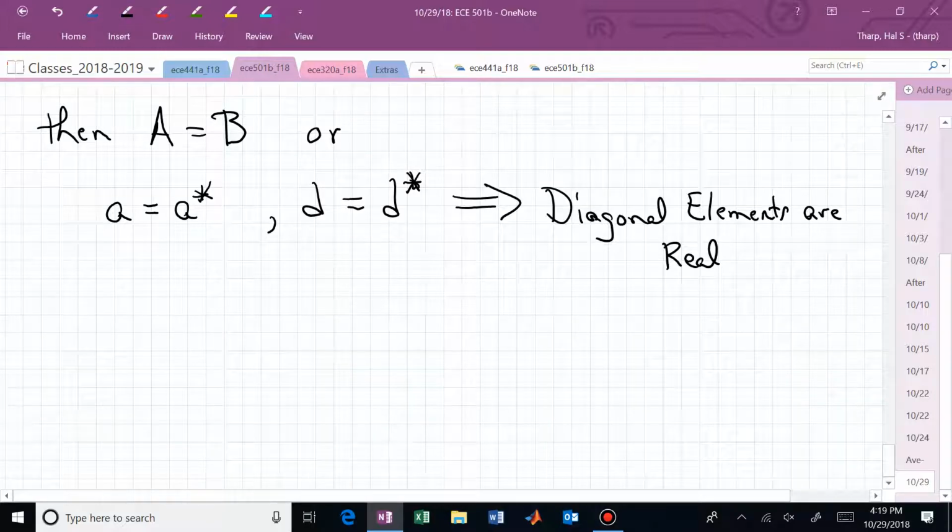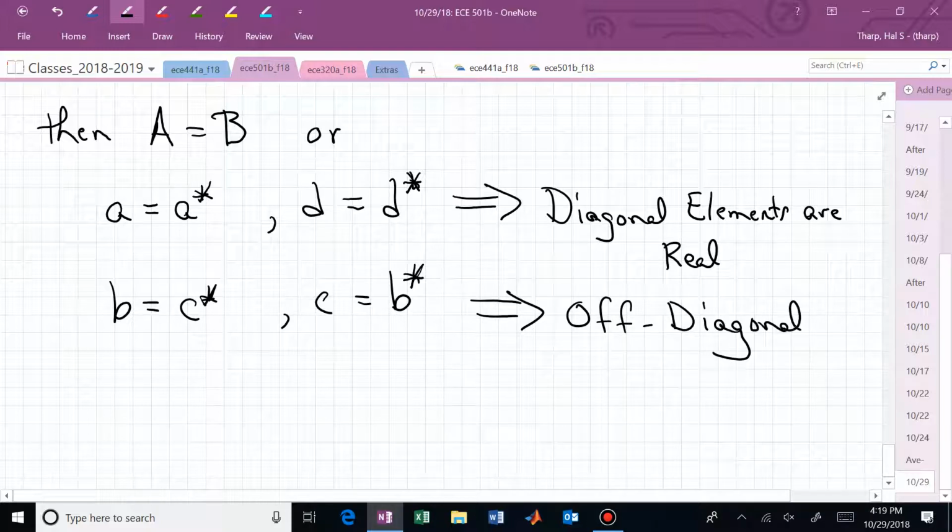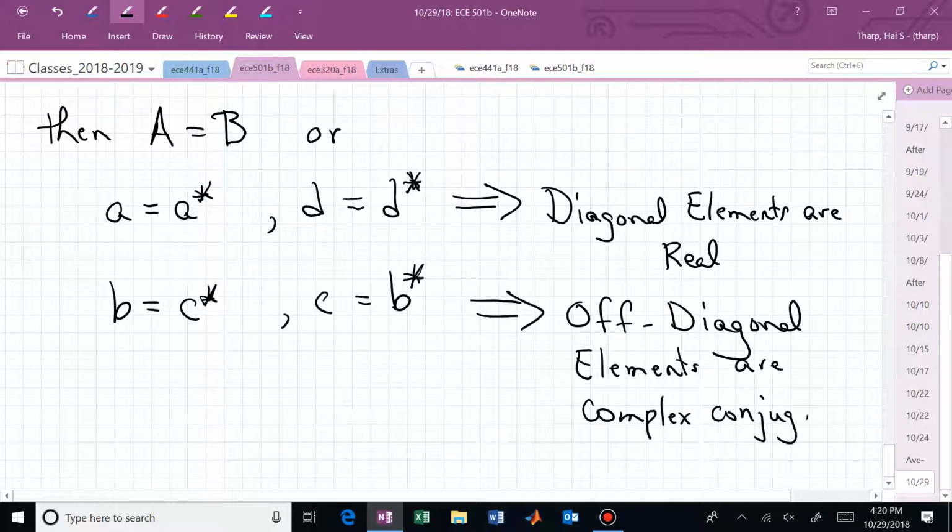What do we know about the off diagonal? Well, B is equal to C conjugate and C is equal to B conjugate. Those are consistent. And now the off diagonal elements are going to be complex conjugates of each other if our map is self-adjoint.